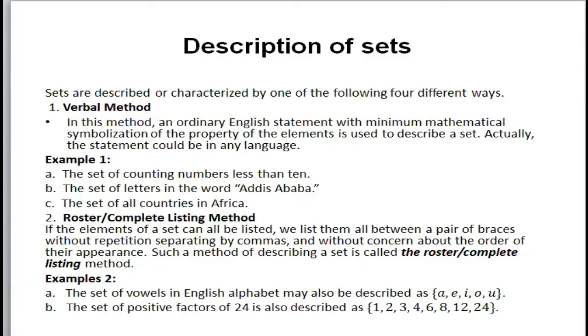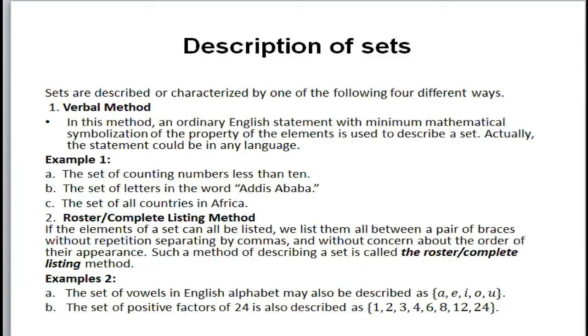Second, we can also describe a set using the complete listing method. That means we can describe a given set by listing each element completely. This method is also known as the roster method or complete listing method. Complete listing method means roster method, okay?